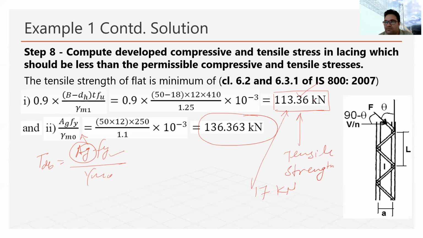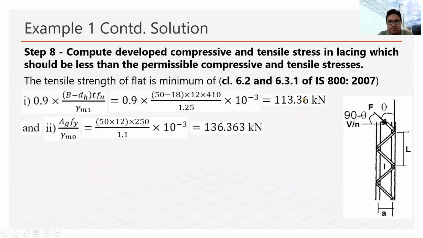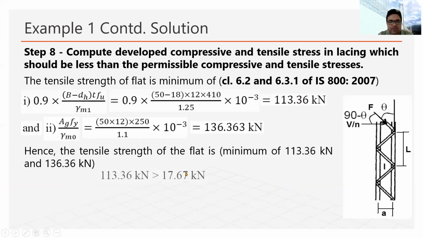So again it is safe. It can carry tension load and compression load safely. Therefore we can say that the tensile strength is higher than the force in the member, so it is safe in this criterion also.